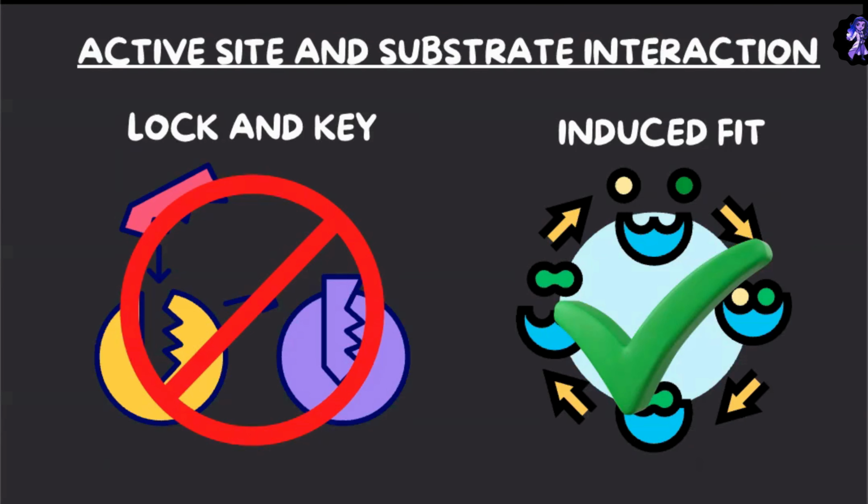The induced fit model is the model we use to talk about how enzymes really work. We're going to go into more detail in the next slide about what an active site is and what a substrate is. But for now, you just need to know lock and key was the old version, and the new version is called the induced fit.